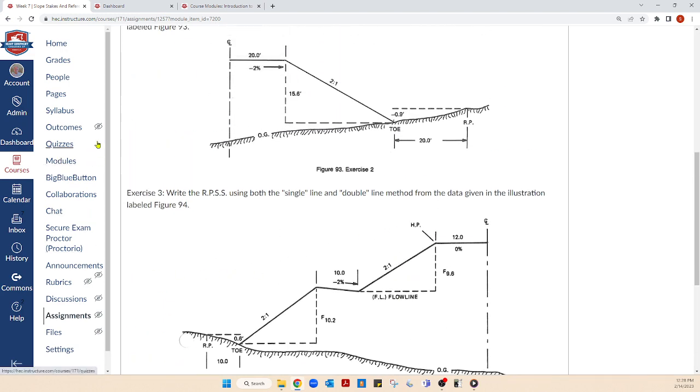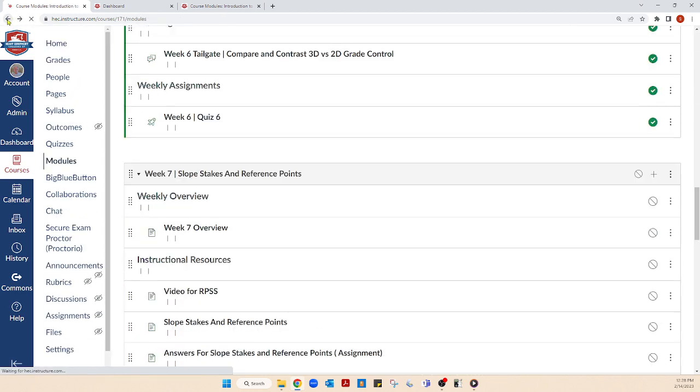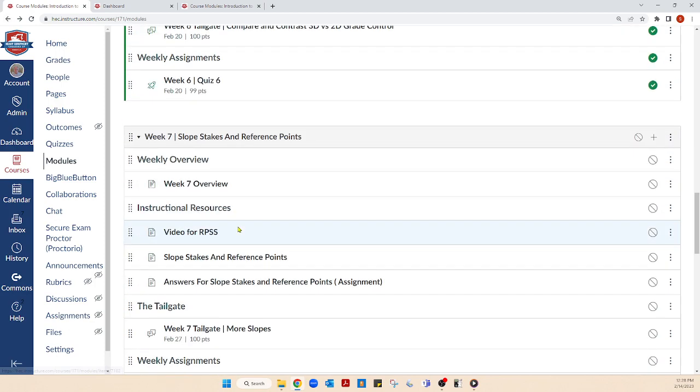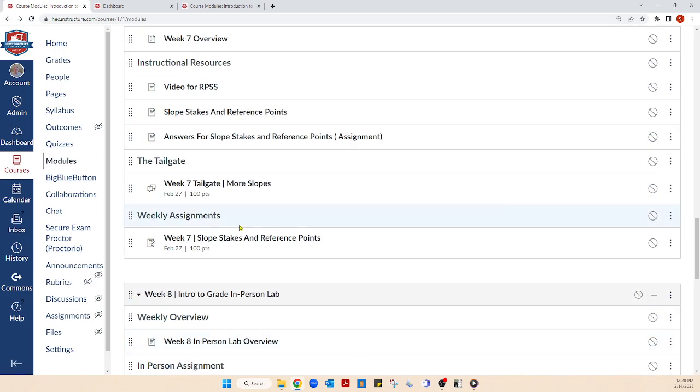I want to go back one more time, look at the modules, and make sure I've covered everything. We went through the weekly assignment. That's the last thing we did right here. There's a couple of videos, and I just want you to take time and watch them. These guys are doing 3D stuff out in a field site.